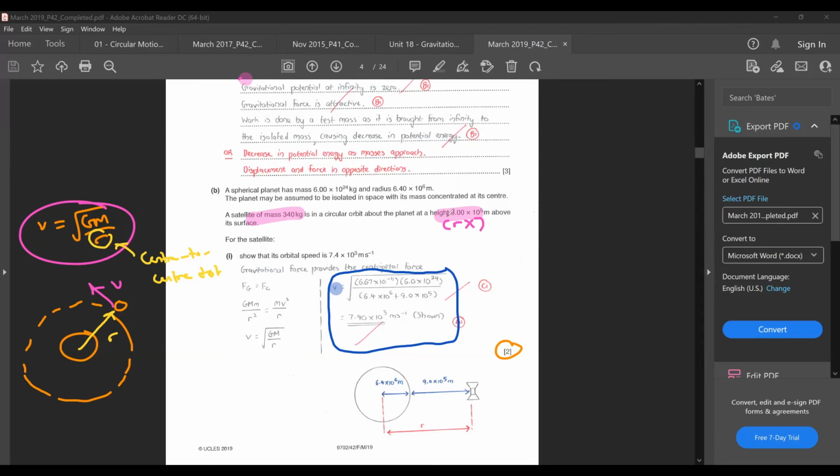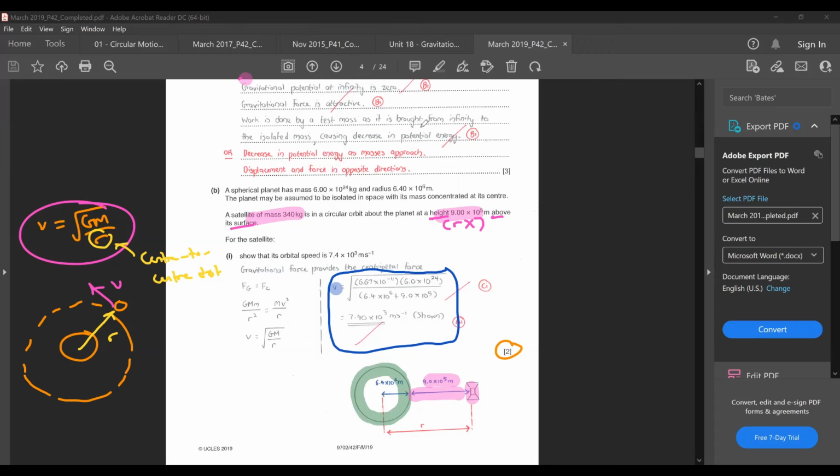It is the height above your surface. If you try to visualize it, it is actually talking about this. If this one is your planet, the green colored section that I just highlighted is your surface. Your satellite is actually 9 times 10 power 5 meter from the surface. That will not be your r, because r must be center to center distance.